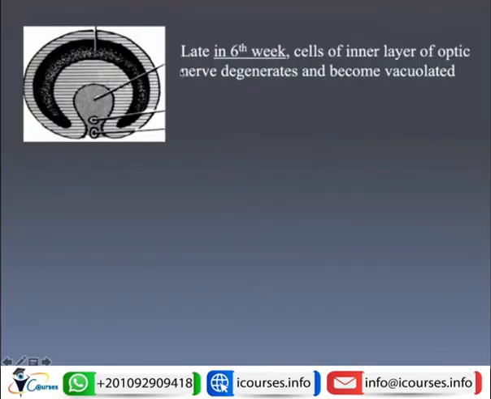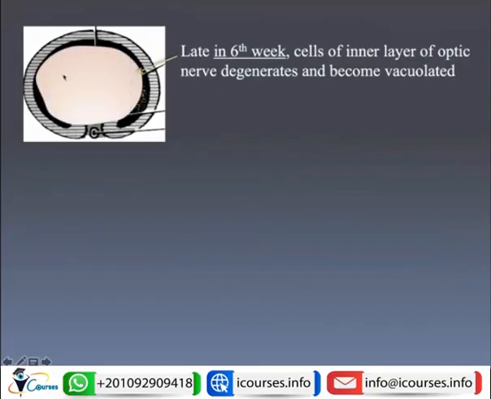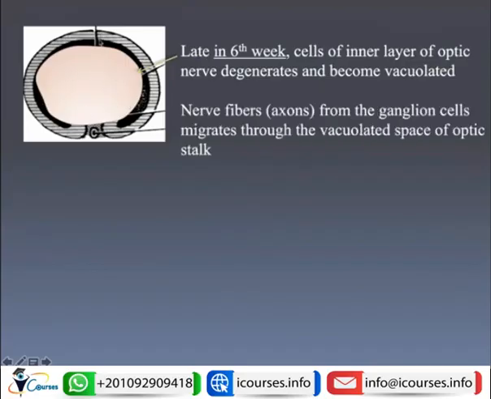In the 6th week, the inner layer of the optic stalk will degenerate and become vacuolated. This is to allow space for the nerve fibers, or the axons from the ganglion cells, to enter through this vacuolated space and form an opening for the nerve fibers to enter.